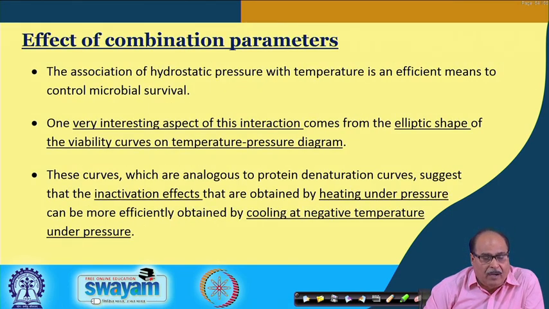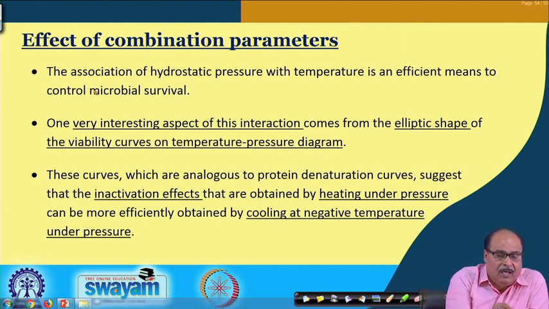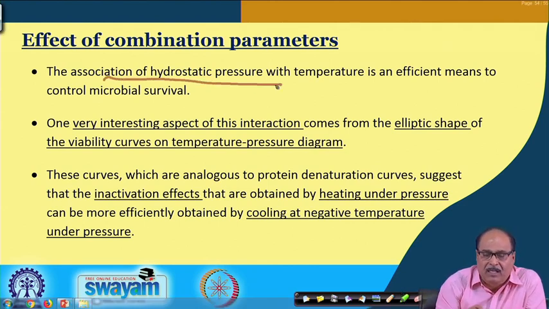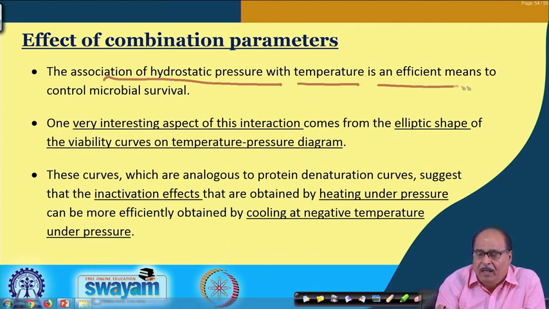The combination of parameters also influences the heating process or thermal destruction of microorganisms in food. The association of hydrostatic pressure with temperature is an efficient means to control microbial survival.